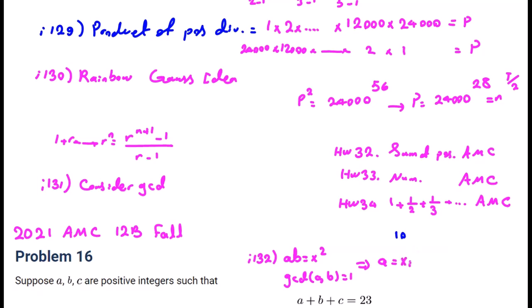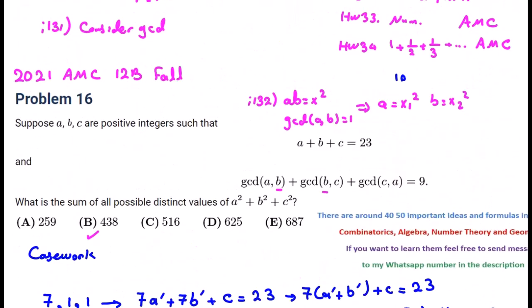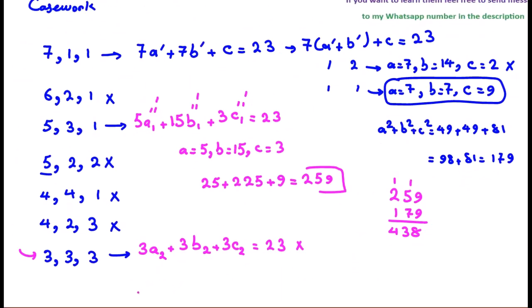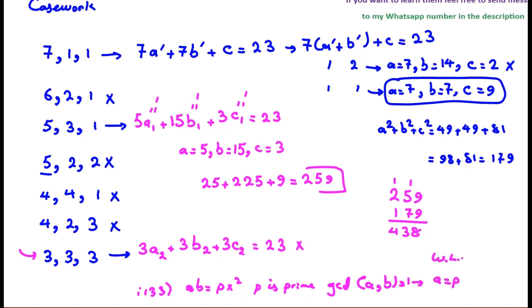Then we can say A is, for example, a perfect square, B is a perfect square. Idea 133. If AB equals p x squared, where p is prime, and GCD of A and B is 1, then we can say one of them, for example A, without loss of generality, is p x1 squared, and the other is x2 squared, a perfect square.